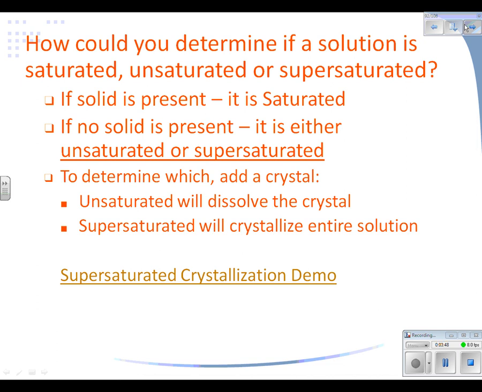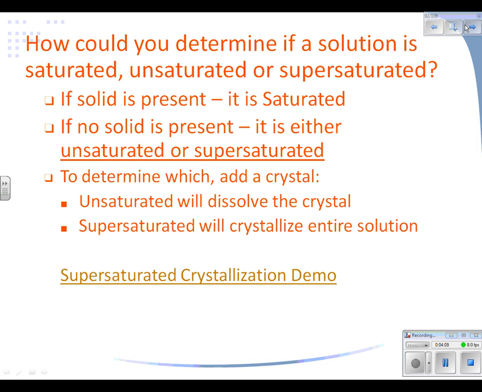All right, so answering that next part of your notes: how could you determine if a solution is saturated, unsaturated, or supersaturated? If solid is present at the bottom, then it is saturated. If no solid is present, it is either unsaturated or supersaturated.